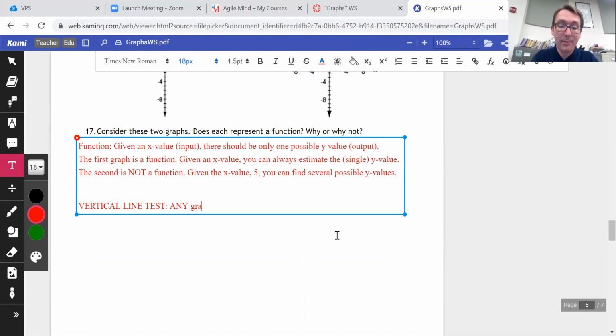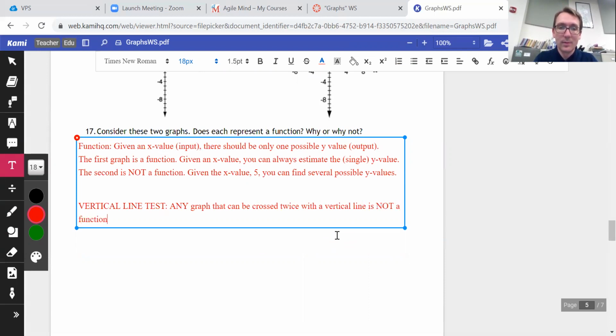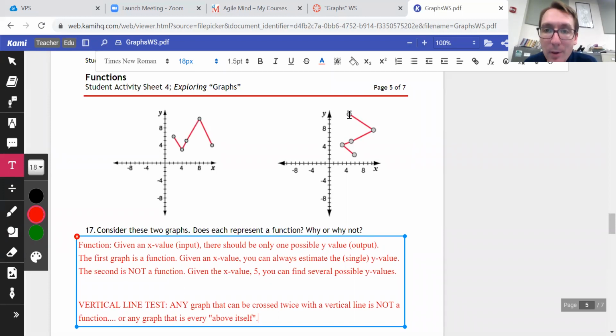Any graph that can be crossed twice with a vertical line is not a function. Or any graph that is ever above itself.